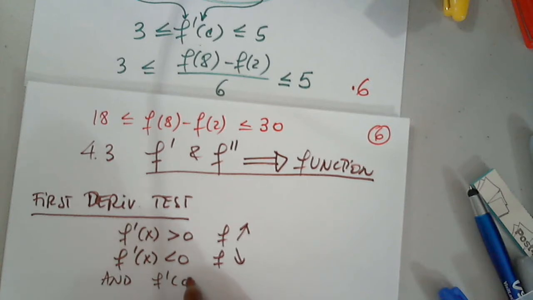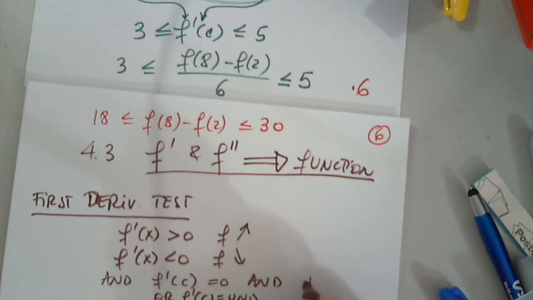When f prime of c is 0 or undefined, and the sequence of signs is positive, 0, negative, or positive, undefined, negative, c gives a maximum.